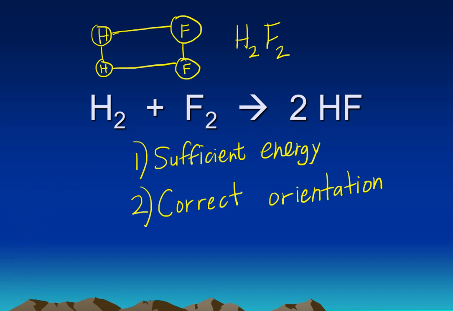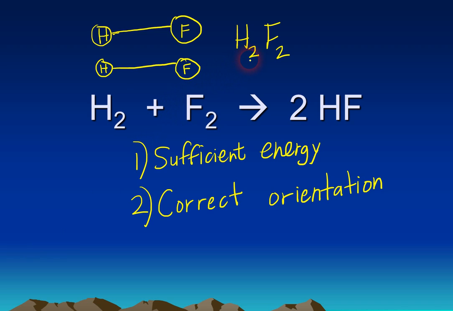So what has to happen is we have to take 2 bonds and erase that bond right there, and that bond has to break in order for us to make, as you can see, 2 molecules of HF. This is the process that we go through in order to make those 2 molecules in the products.